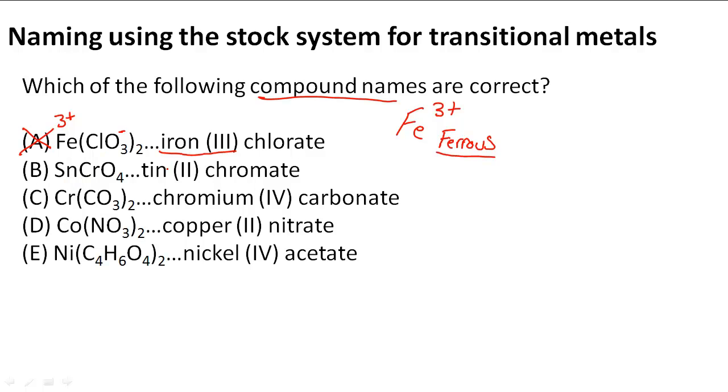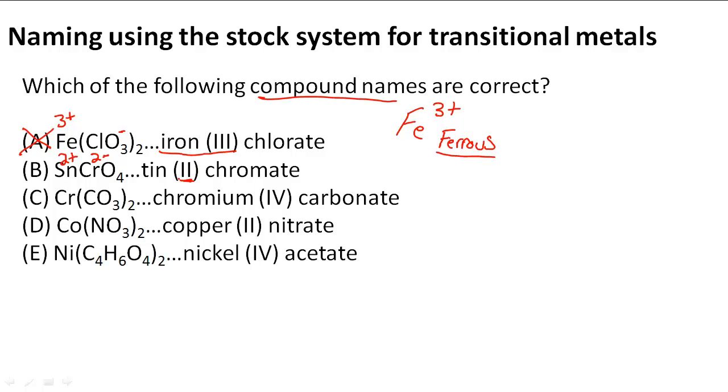Here, tin says that we have 2 positive charge because notice this number in the parentheses, this Roman numeral number is 2. 1, 2. So we have 2 positive. And CrO4 actually is 2 negative. And if you're worried about the polyatomic ions, some of them you have to remember, but some of them will be given to you also.